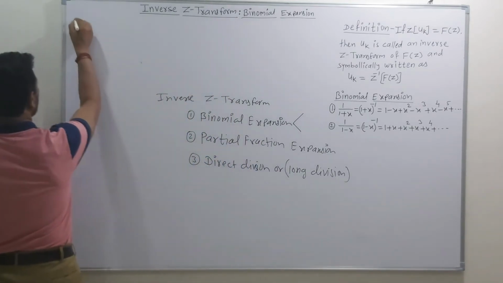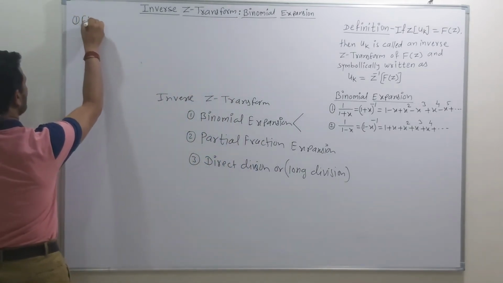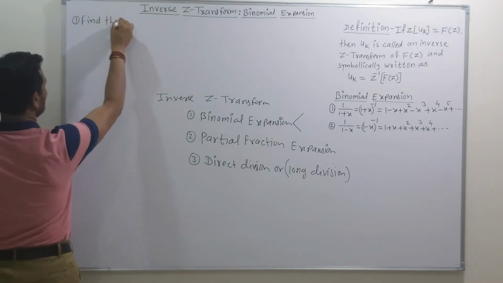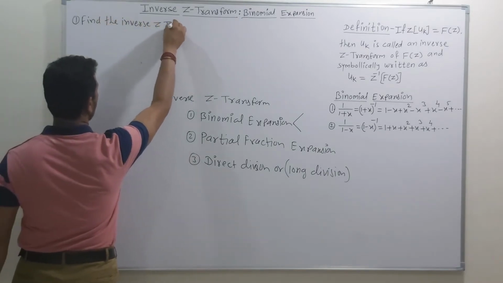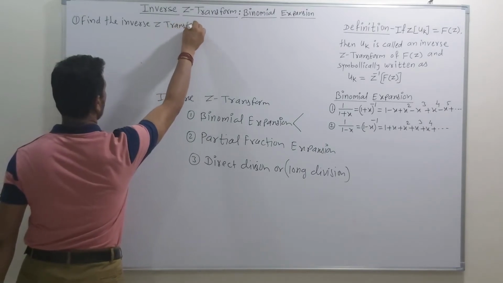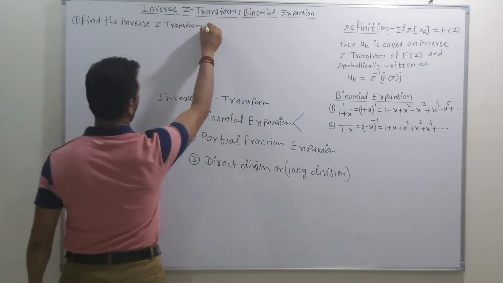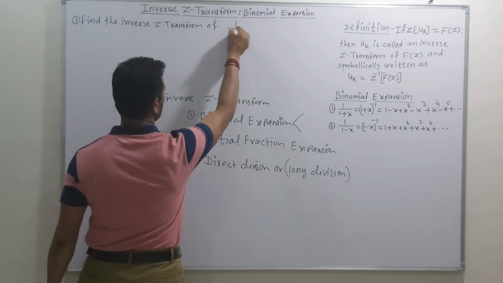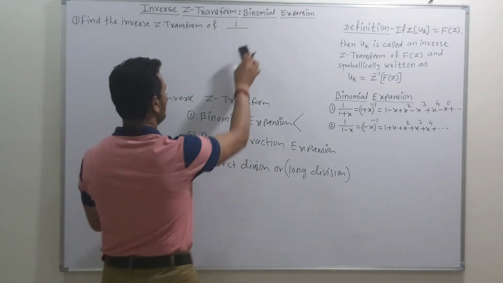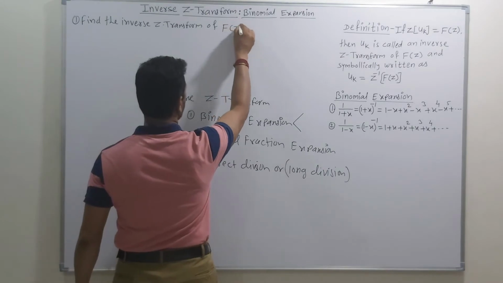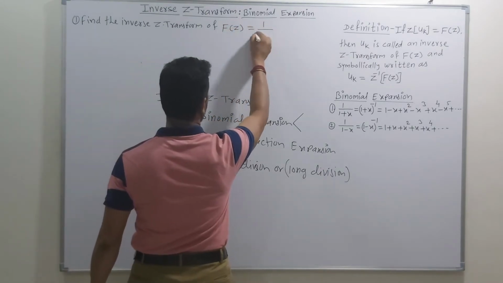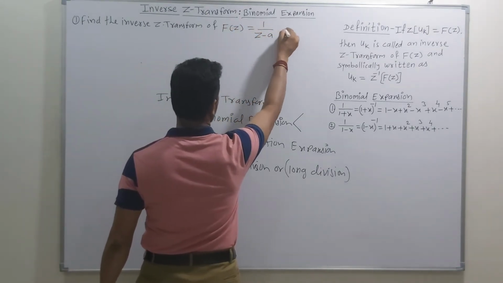So the question is, find the inverse Z transform of the given function, defined as f of z is equal to 1 upon z minus a.